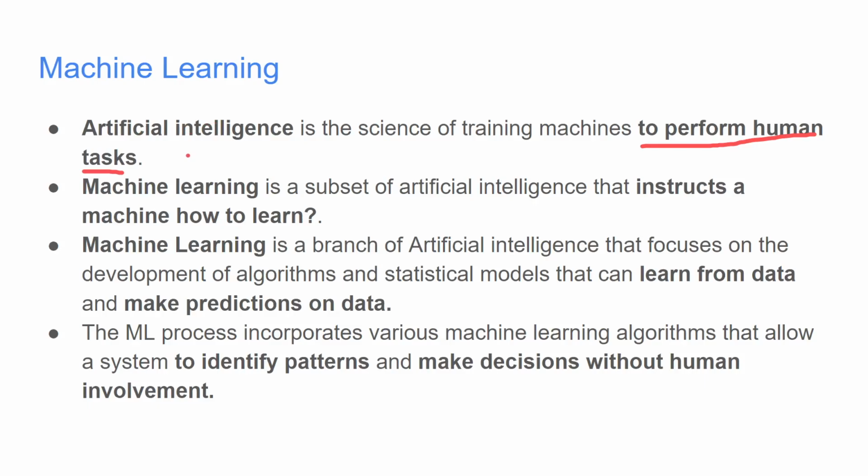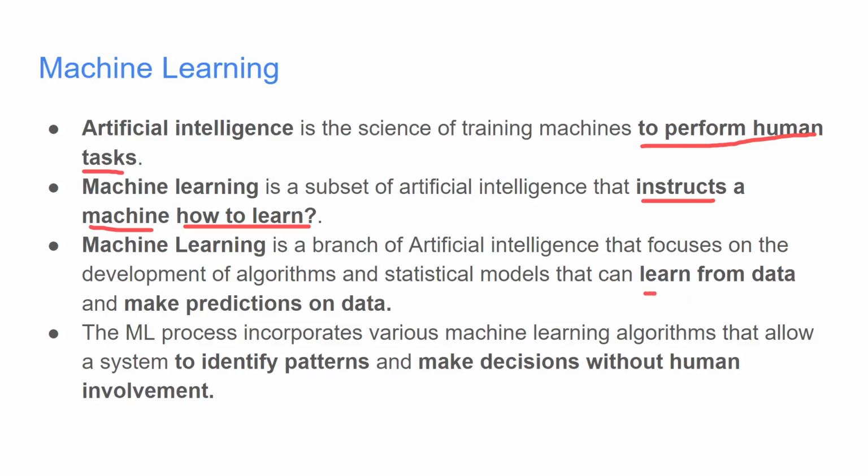So this is artificial intelligence, and machine learning is a subset of artificial intelligence that instructs a machine how to learn from the given data, from the available data. Machine learning is a branch of artificial intelligence that focuses on the development of algorithms and statistical models that can learn from data and make predictions on data.